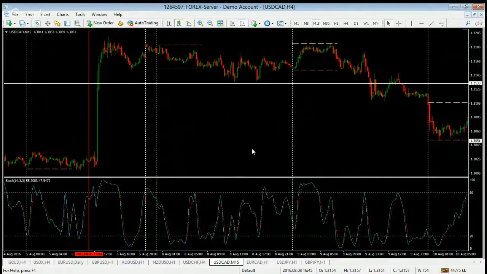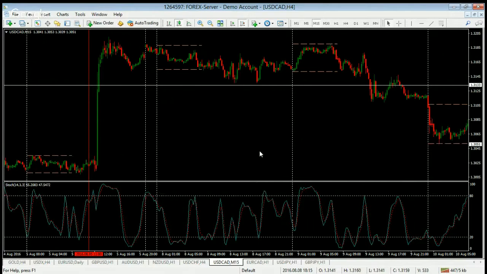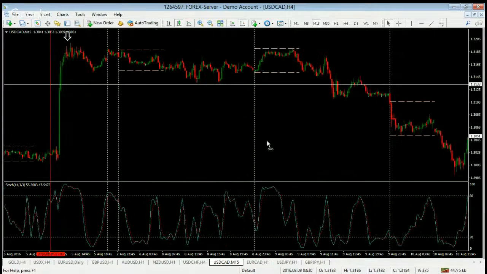I'm not really much of an indicator-based trader. I'm just using this for new traders, or because people do use the stochastic oscillator.